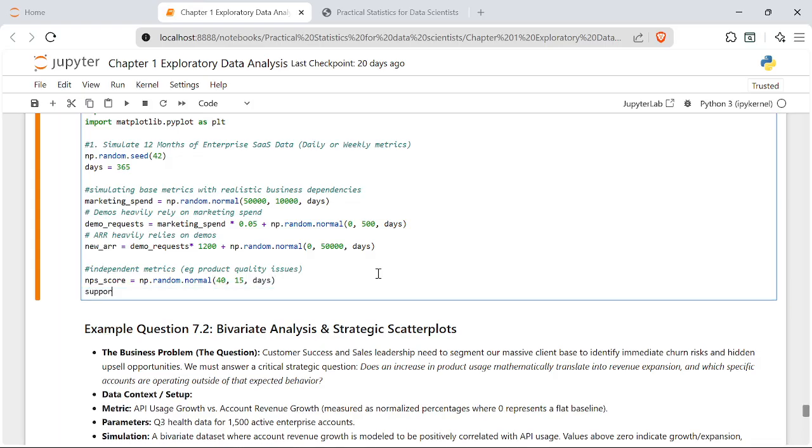Support tickets equals np.random.normal(200, 50, days).